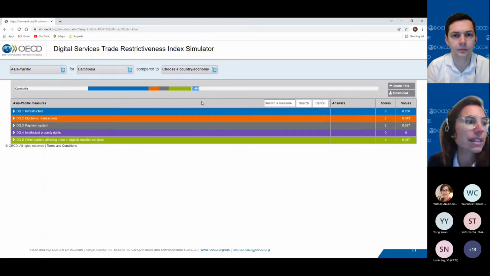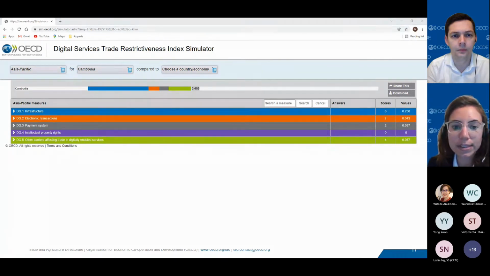This means, as we were saying before, that 1 is a full level of restrictiveness, while 0 is a fully open economy. So there are important restrictions, but it is, of course, not fully closed. That is for the level of restriction.